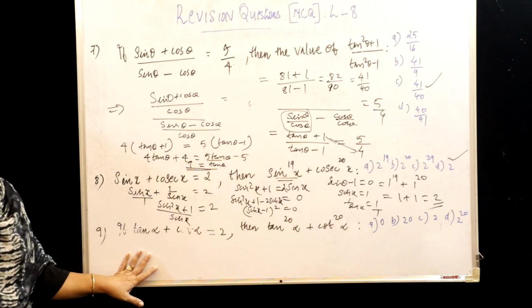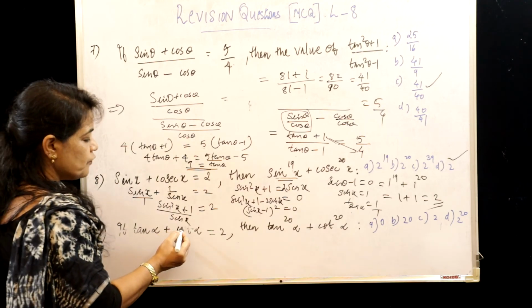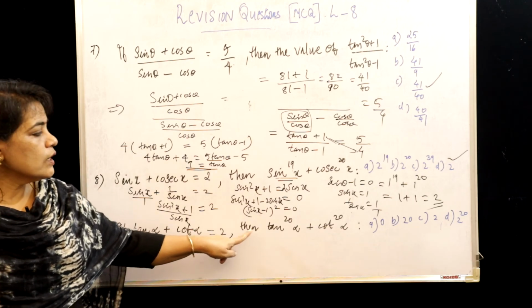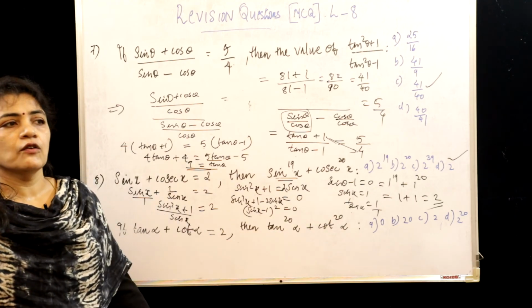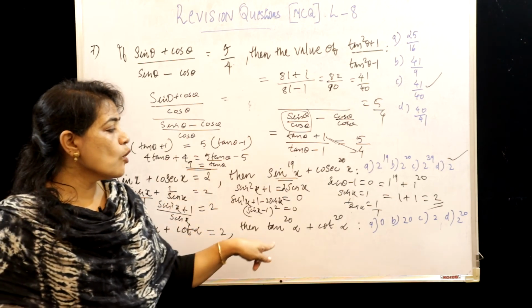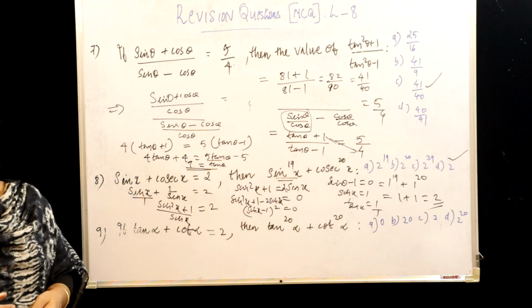Now the 9th question. If tan alpha plus cot alpha equals 2, what will be tan raised to 20 alpha plus cot raised to 20 alpha? See children, how can this problem be solved?